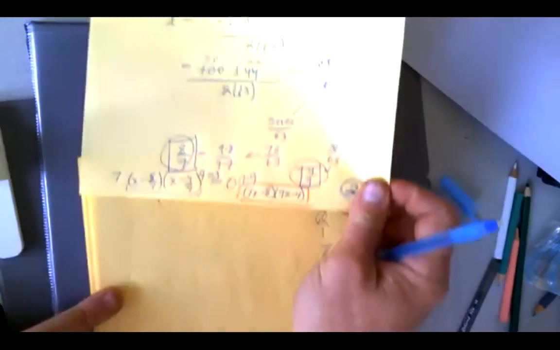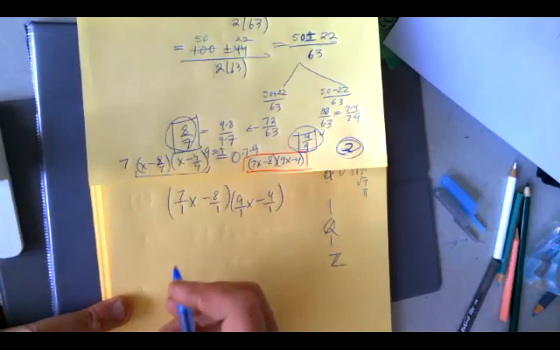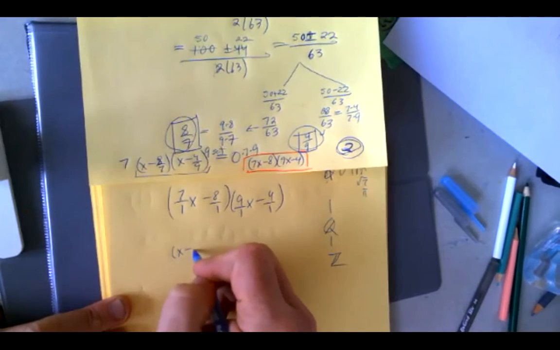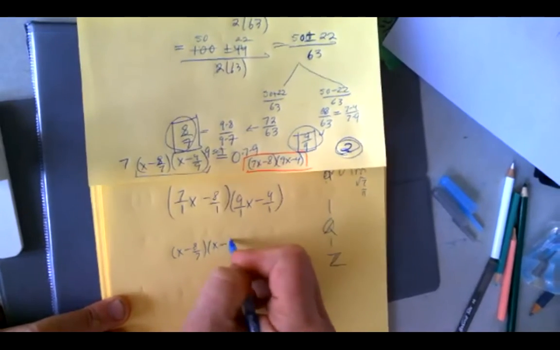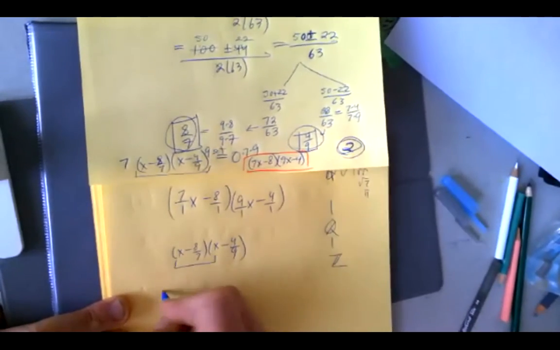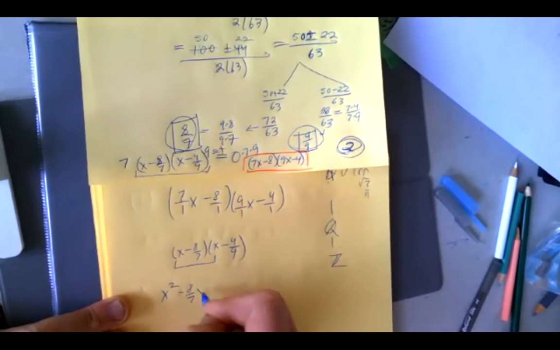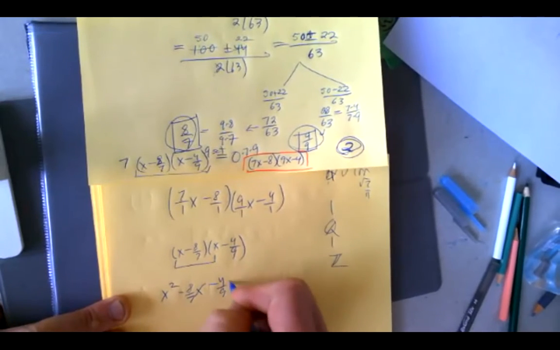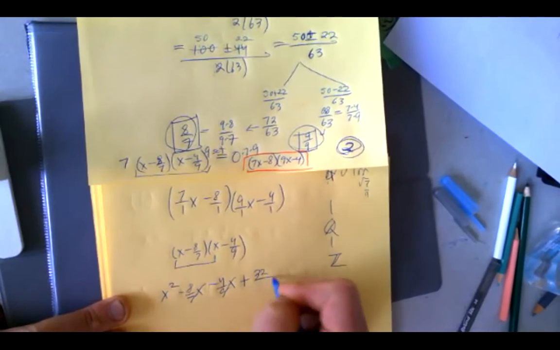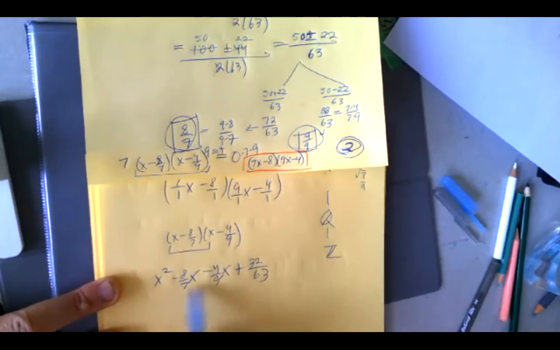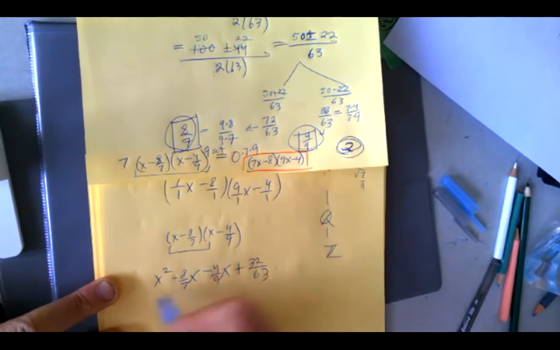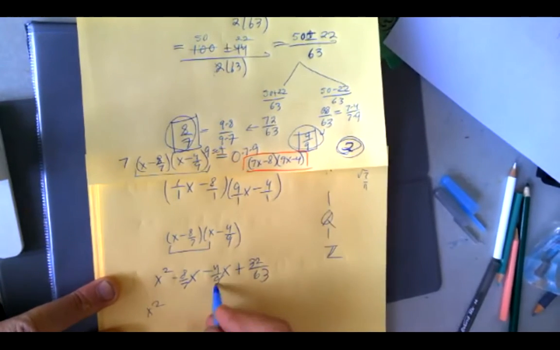Again, I could multiply this out. I'm not scared. It's x squared minus 8/7 x minus 4/9 x plus 32 63rds. I just need to add this. It's no big deal. You'll see a lot of the same numbers.